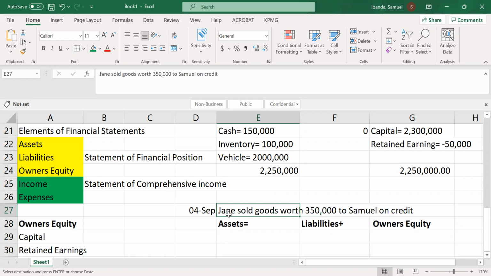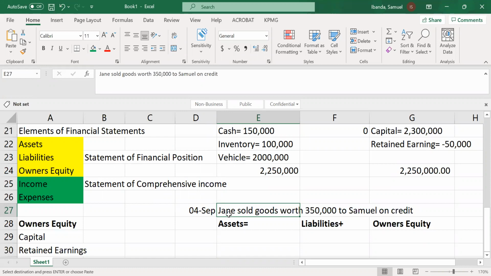Although we've sold to Samuel on credit, that doesn't mean that we have a liability. The liability is to Samuel, not to the business. The liability is to the customer. Samuel, in his books, we are a liability to him. But to us, Samuel is an asset. And how is he an asset? Samuel is an accounts receivable, which sometimes we call debtor.